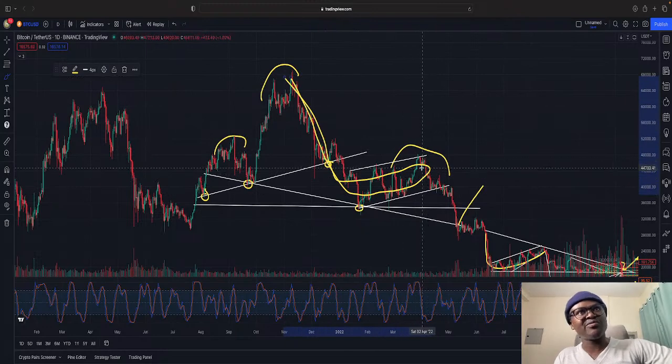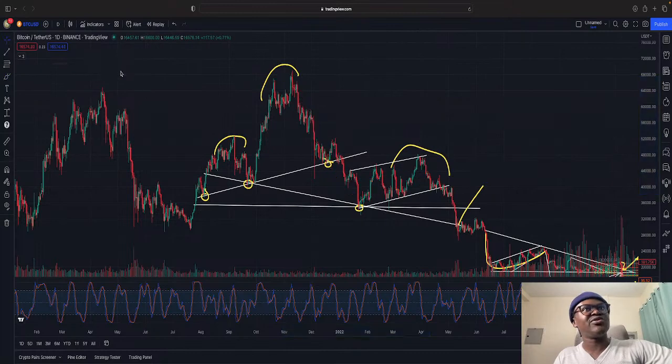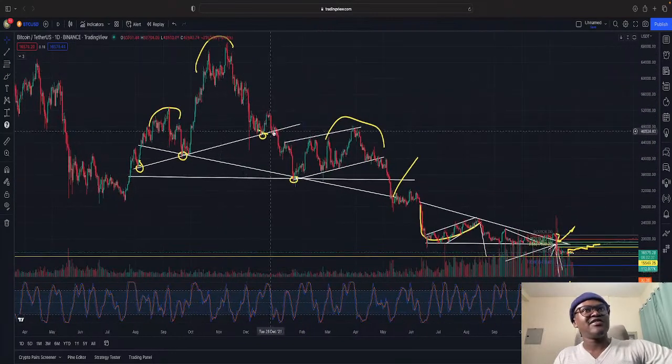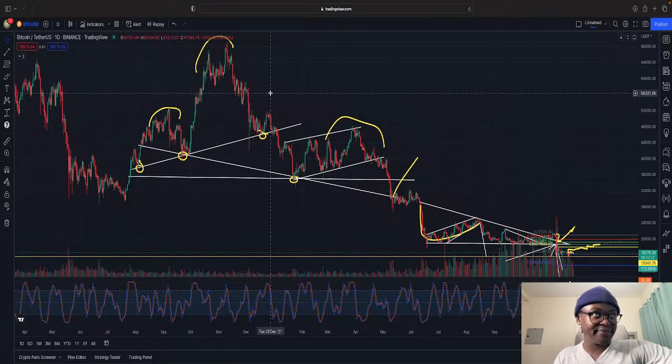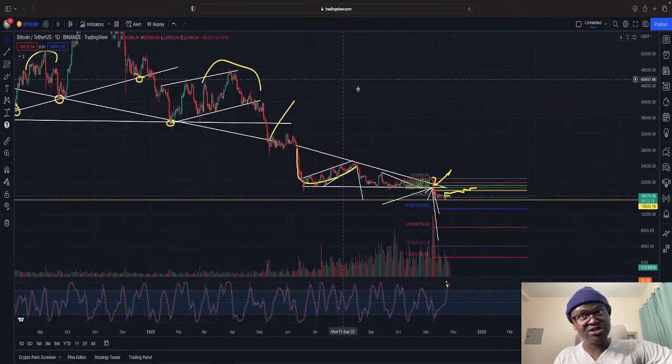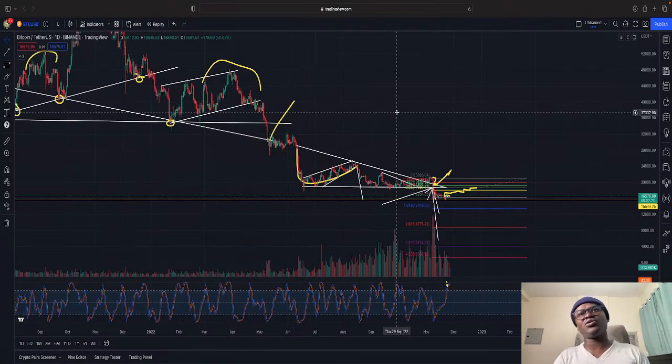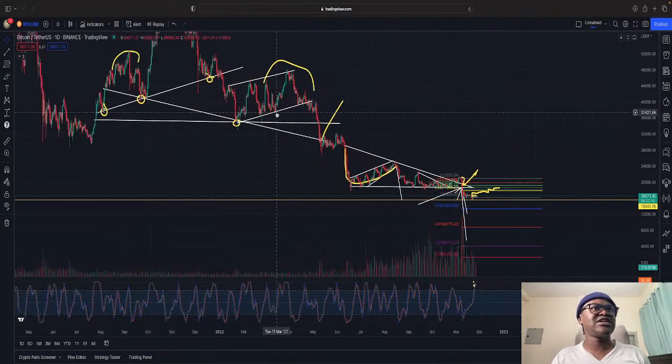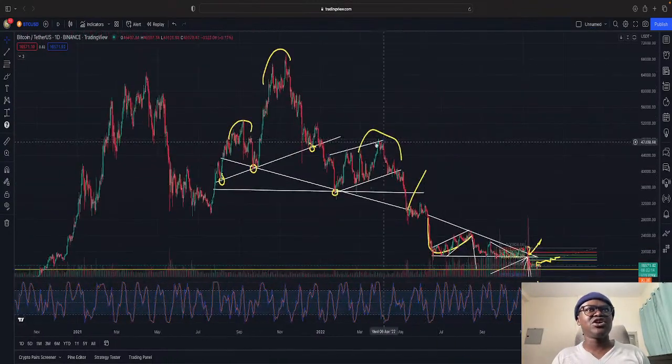You can take the measurements from here, and that will tell you where price is going to go. This bear flag's target is somewhere around 9K, which we are going to, and I talked more on that when I was talking about my area of interest. So that's how head and shoulders patterns work. You have a shoulder and a head and another shoulder.